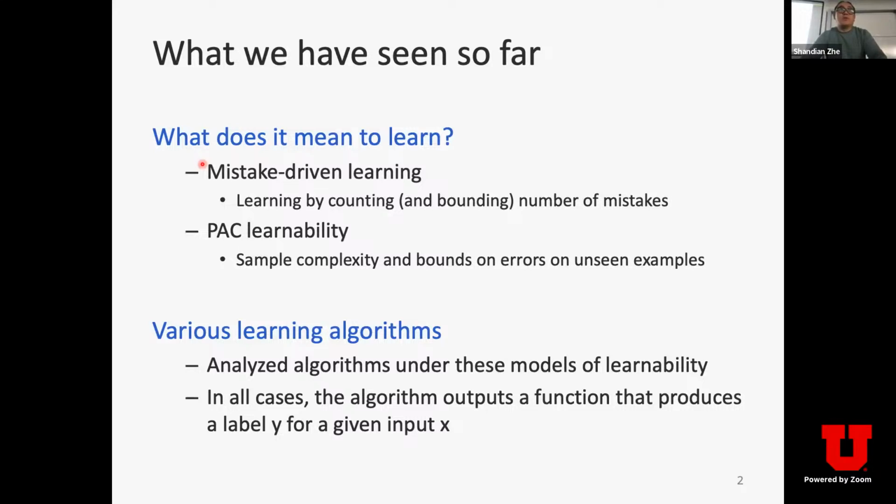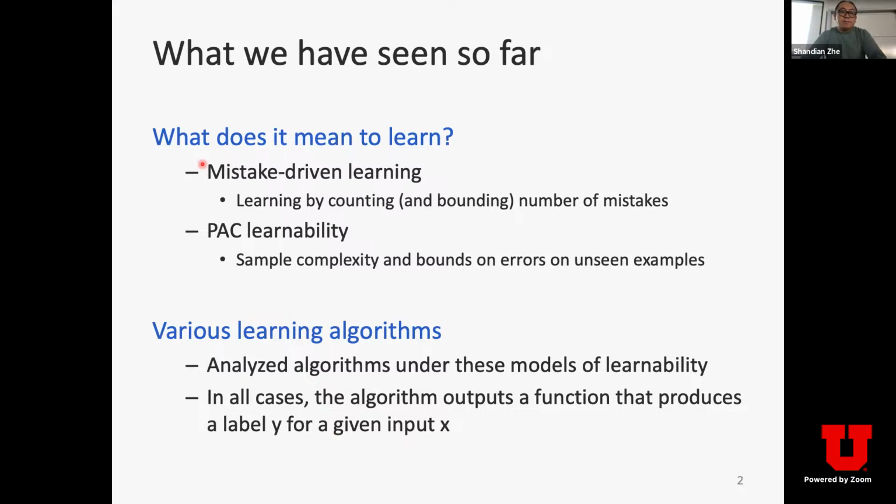For linear regression, we want to find a set of model parameters which make our prediction error as small as possible. In other words, we want to minimize the training loss. This is also mistake-driven. We want to make minimal mistakes in predicting the training examples, expecting that when we see future examples, we can make smaller mistakes as well.